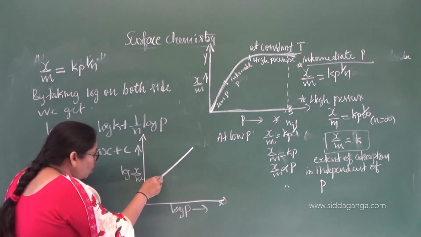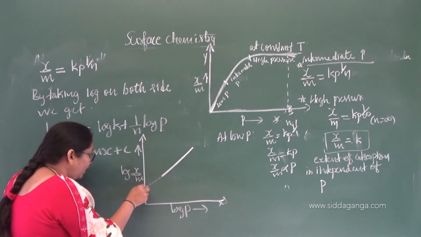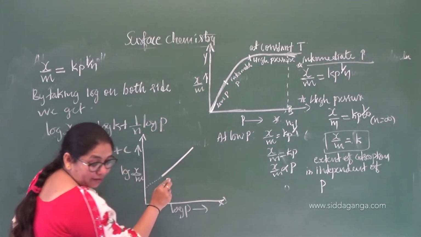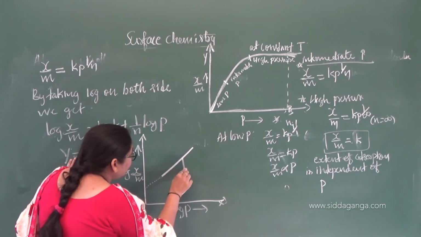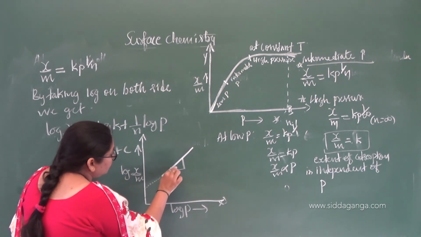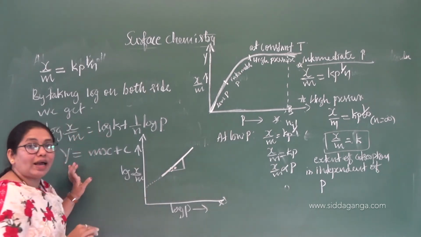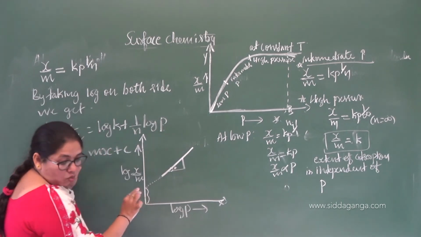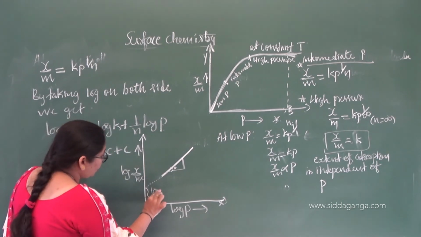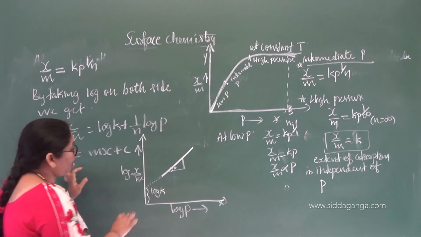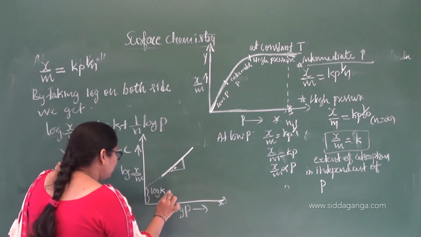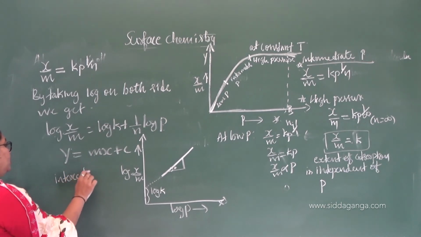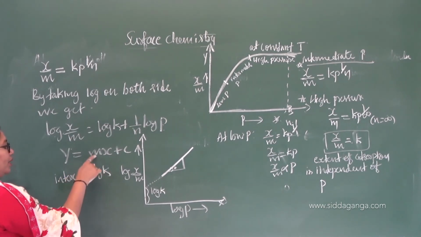If you extrapolate this, you get an angle theta, which gives the tan theta. This intercept is nothing but log k. So the intercept is equal to log k, by comparing with the equation.